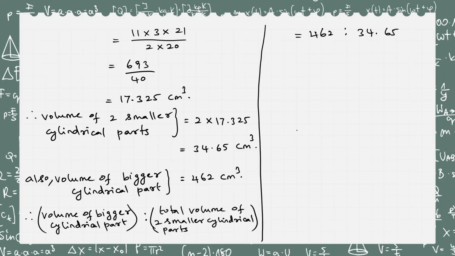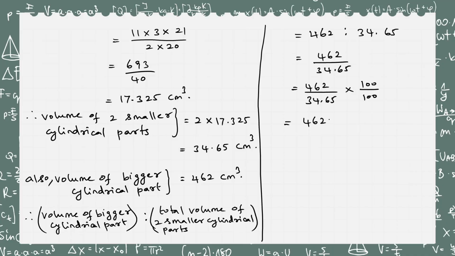We need to convert it to a ratio, but before that we can convert it to a fraction so that the calculations are easier. We multiply and divide by 100 so that the decimal point is removed, right? So this is 462 by 34.65 multiplied by 100 by 100.